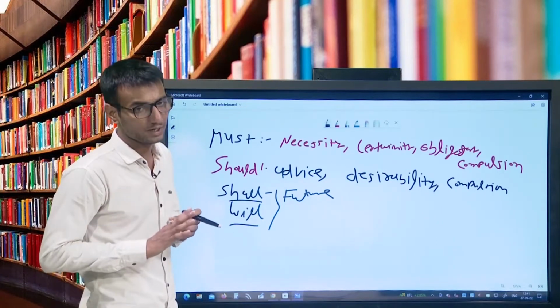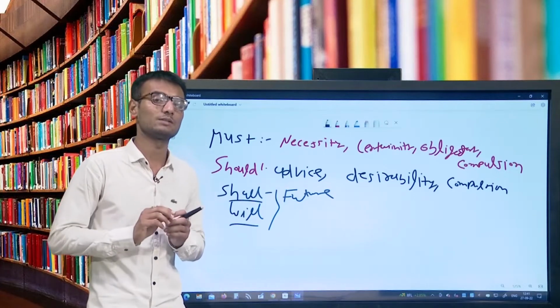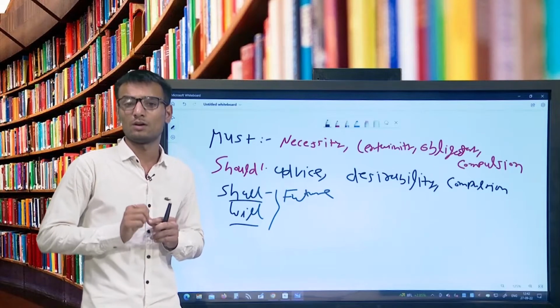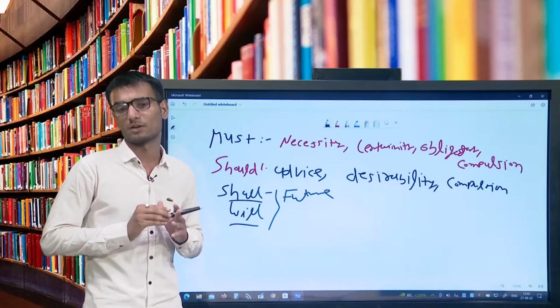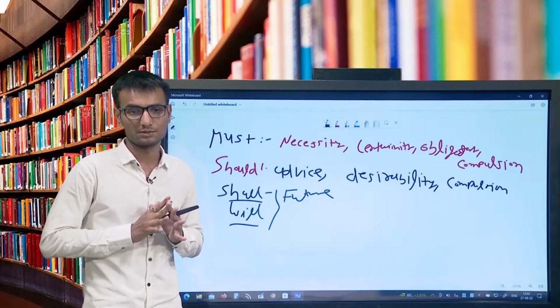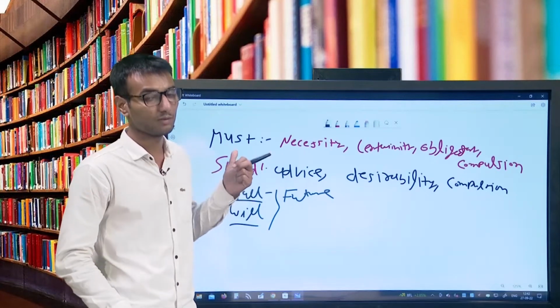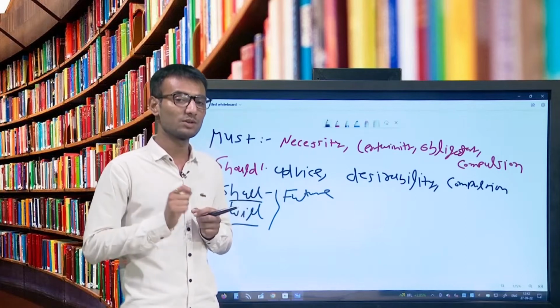Because before we begin modal auxiliaries, the first thing to be very clear in our mind is tense. As we all know, there are simple present tense, present continuous tense, and so on. These are tenses that we have studied earlier in grammar. So we must be aware of the tenses.